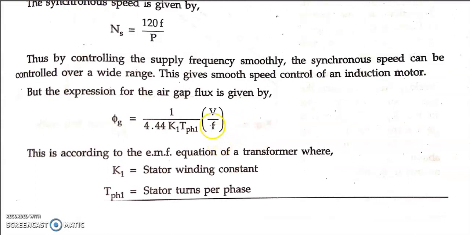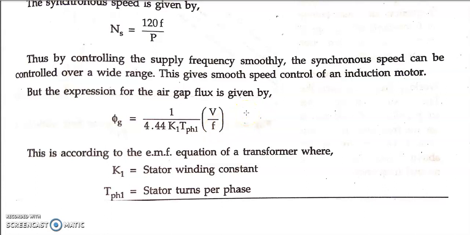For example, say V by F is around 2. Let us take an example. Say V is something like 230 or 415, and F is around 60 hertz or 40 hertz, and the value is around 2 or 3.